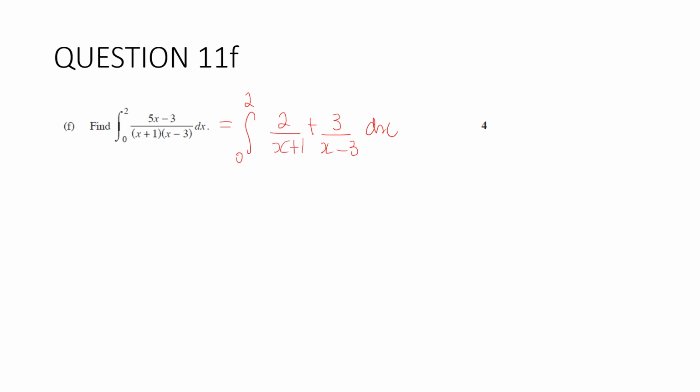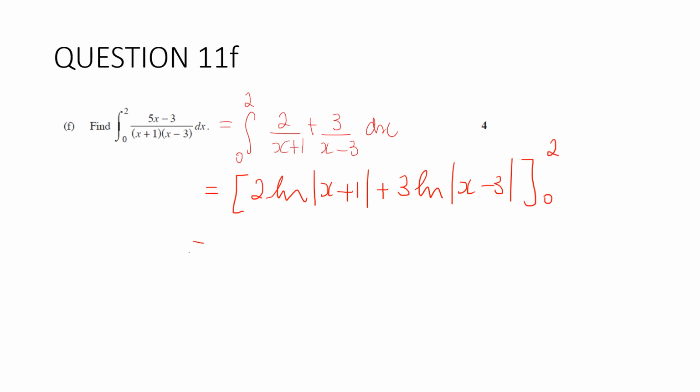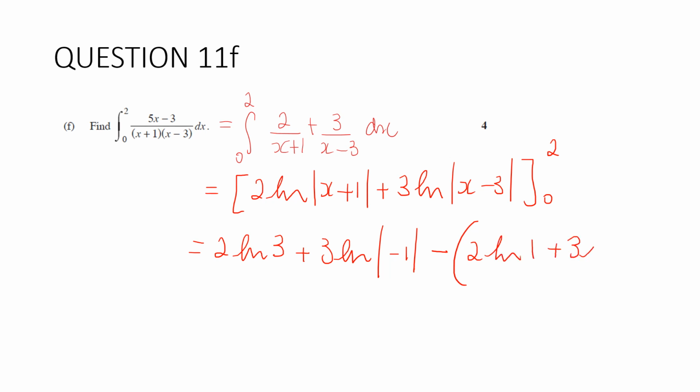That can be written as 2 ln |x plus 1| plus 3 ln |x minus 3|. And our limits are 0 and 2. So substituting the 2 in, we get 2 ln 3 plus 3 ln |negative 1|, take away, brackets, 2 ln 1 plus 3 ln |negative 3|, which is equal to 2 ln 3.